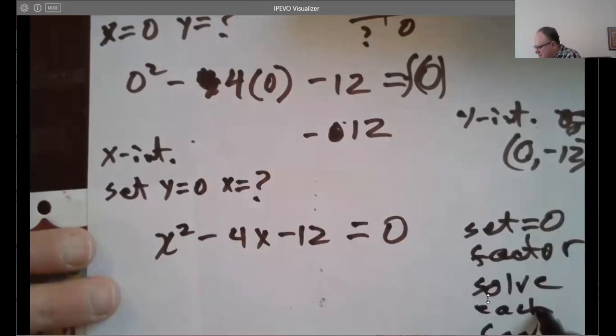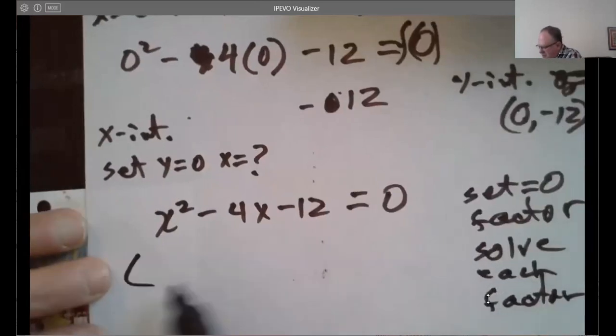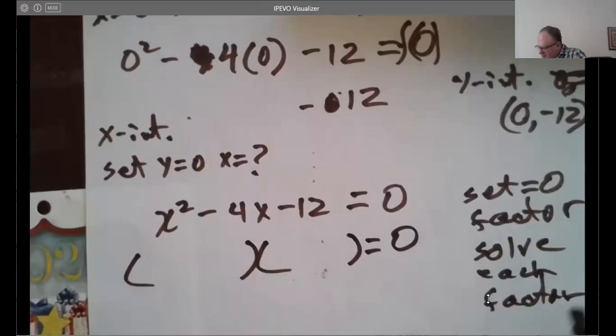Okay, so we need to factor here. You need to either factor or use the quadratic formula if you can't factor. So I always like to put the x's in.